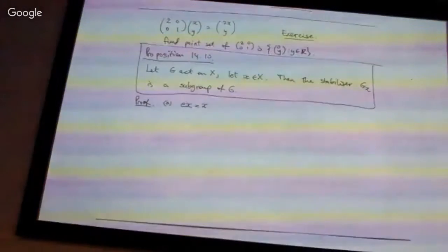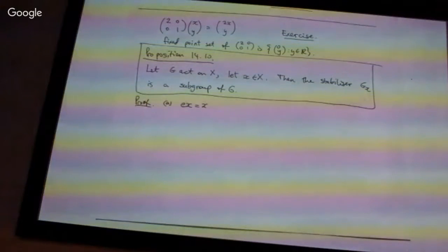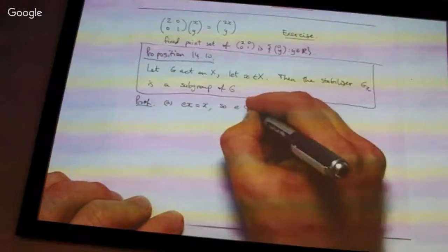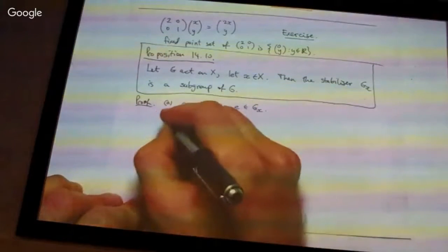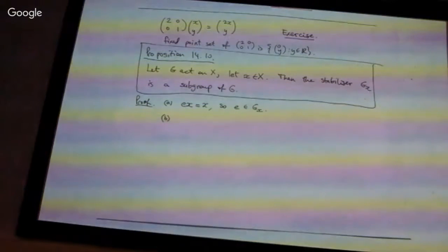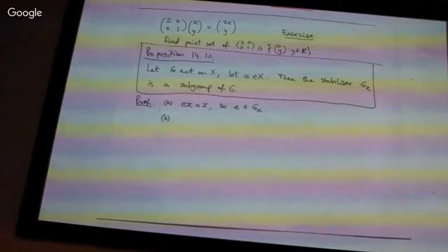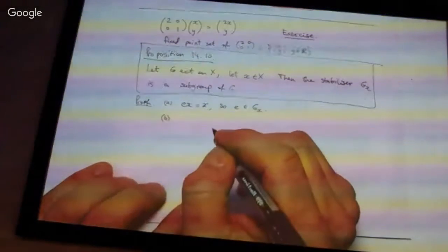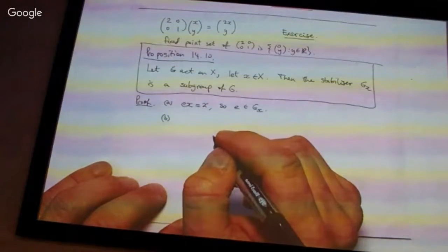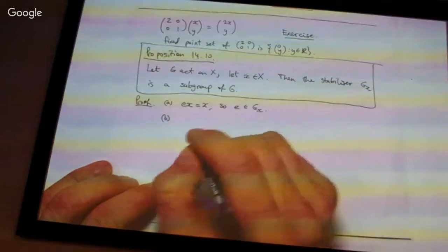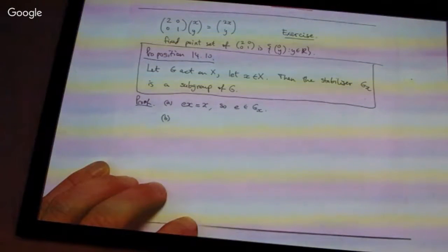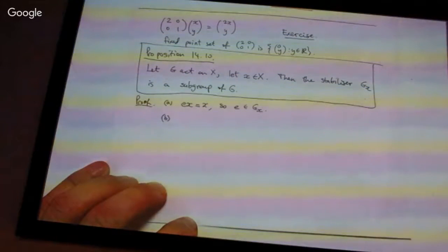E stabilizes x, so E is in the stabilizer. What else? Okay. Closure under what? The two closures: under the multiplication and then under taking inverses.